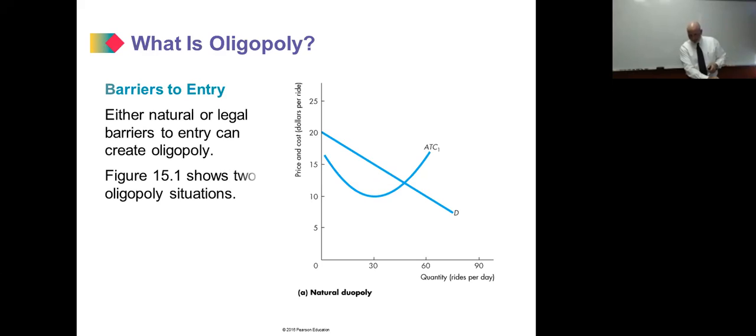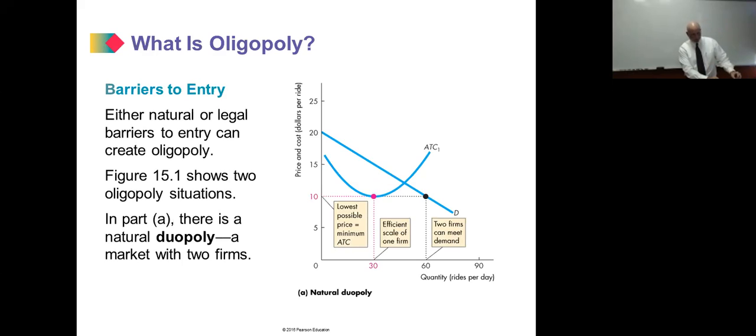All right. In part A, what's the average minimum price of producing, or average total cost? We've got the average total cost curve and the demand curve.